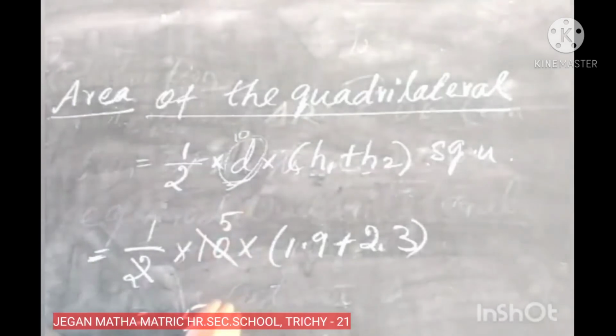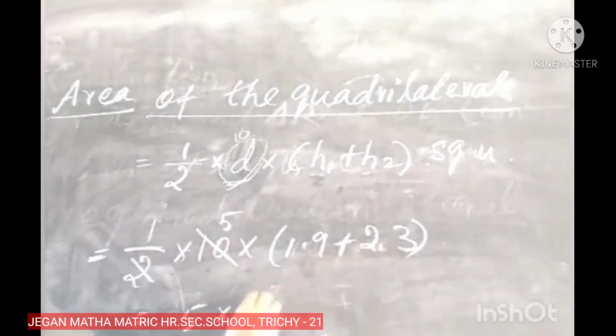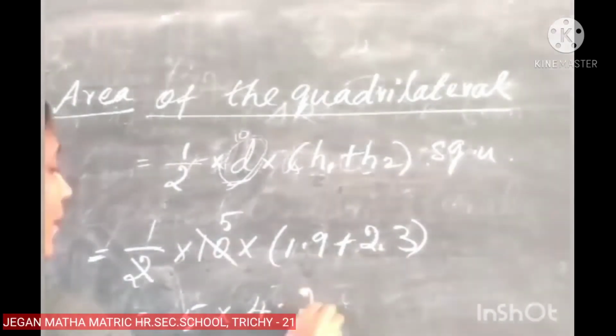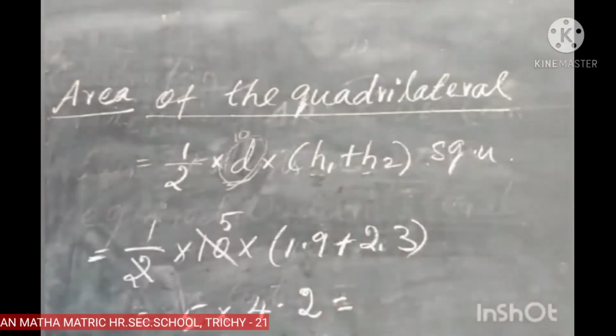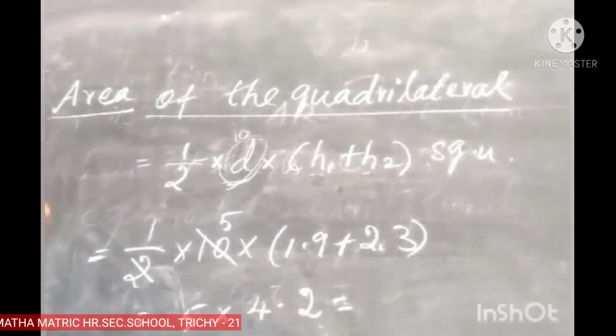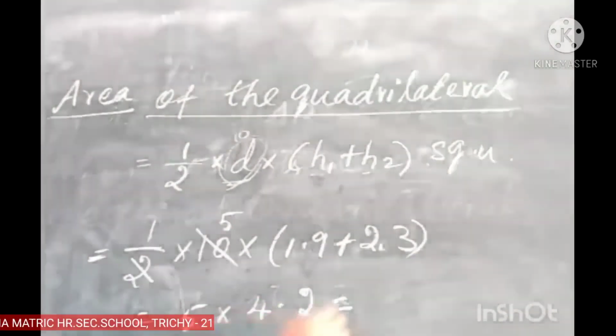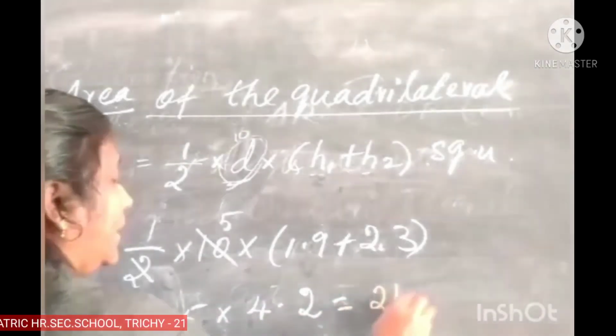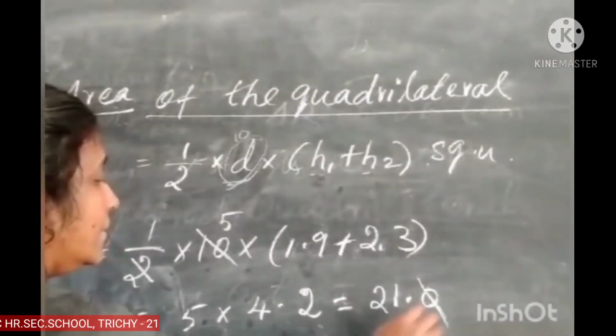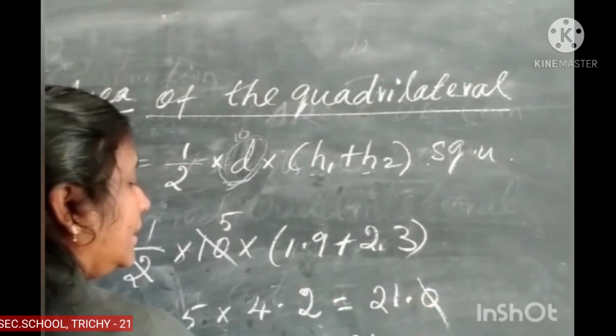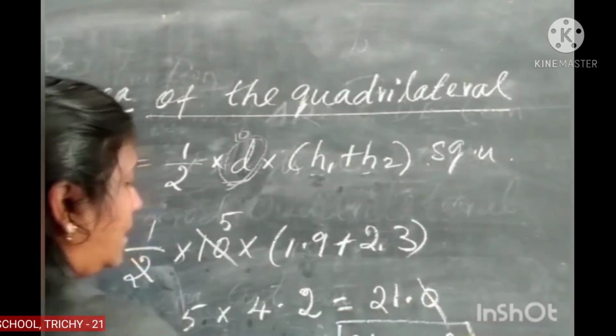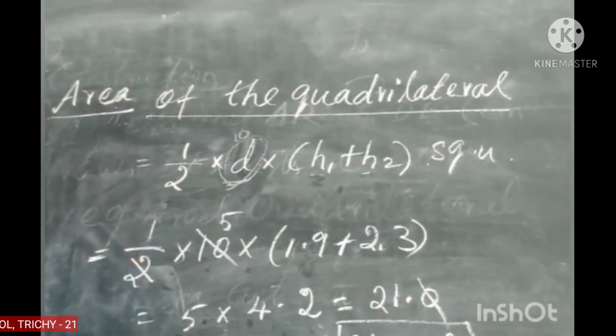Here you can add the two numbers and you will get 4.2. So 5 into 4.2. After this you just multiply, 21.0, cross out the 0, 21 centimeter square. This is the area of the given quadrilateral. Okay, it's clear.